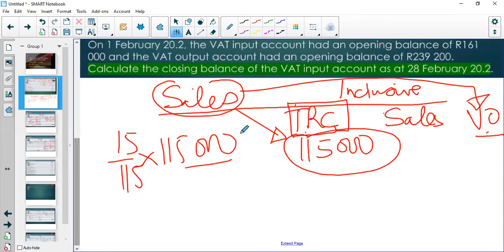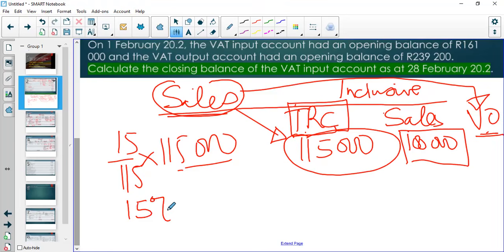So they'll give you information, but not tell you how much was the VAT. Or what they could do, instead of giving you trade receivables control, they could give you that under the sales journal, the sales was 100,000. And you need to know that sales is recorded exclusive of VAT. Then how much was the VAT? Then you have to say 15% multiplied by 100,000.